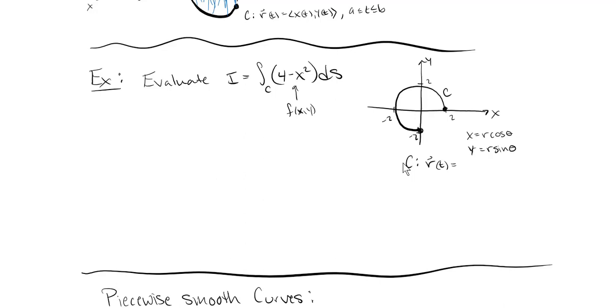The xy coordinates on a circle of radius r are just x is r cosine of whatever angle we're at, and y is r sine of that angle. So one way I could do this is say that all along my curve, we know the radius, the r value is 2.